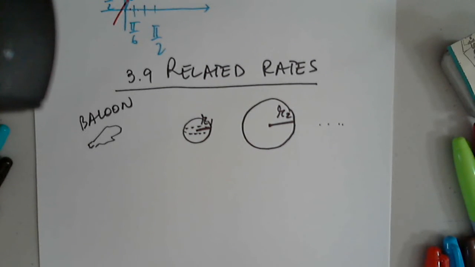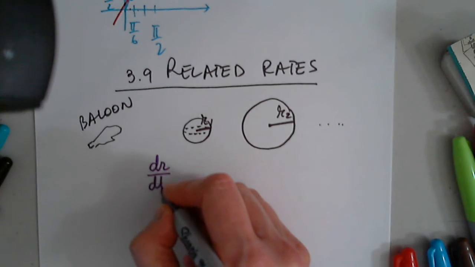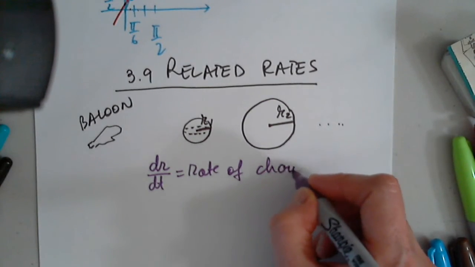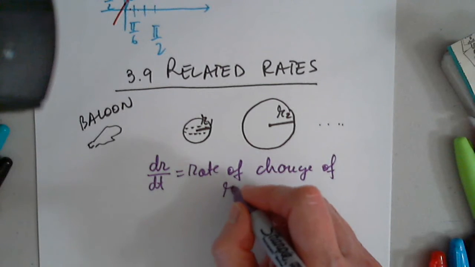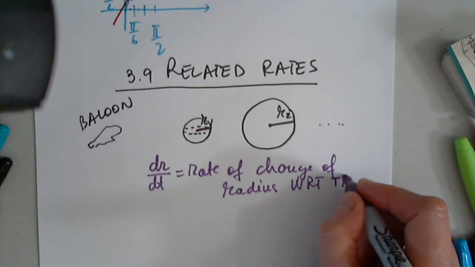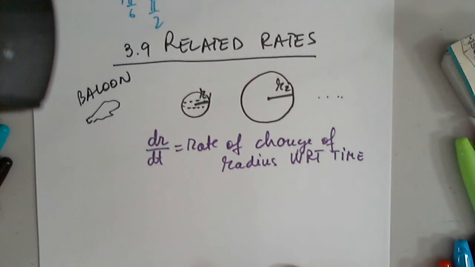What else changes? So obviously, this is a function because it changes with respect to time. So dr over dt will be the rate of change of radius with respect to time. So I created a function already, and I created its derivative.